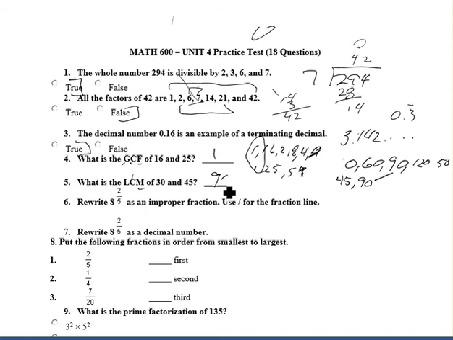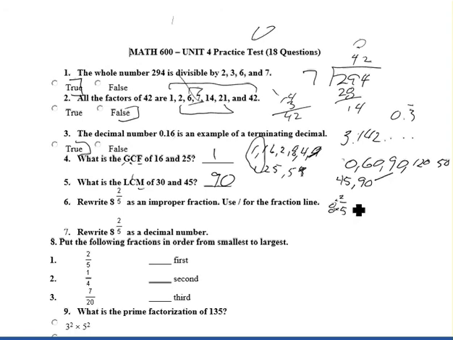Rewrite 8 2/5 as an improper fraction. Use the divider line for the fraction line. What you do is you take the whole number, multiply it by the denominator, then add it to the numerator.